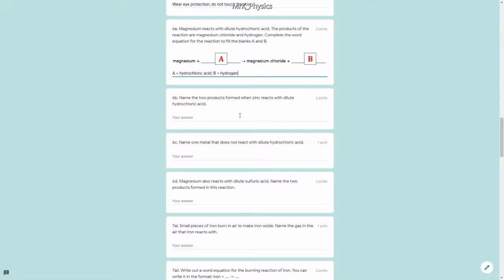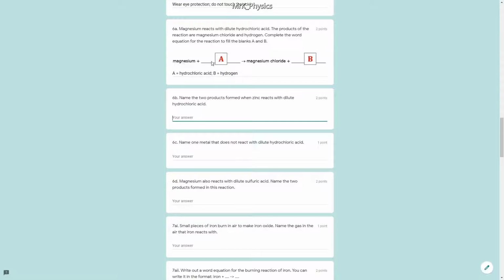Name two products formed when zinc reacts with dilute hydrochloric acid. And essentially what we're looking at here is, if we just take, for example, the answers to the previous question, where we've got magnesium chloride and hydrogen, we can apply that here where instead of magnesium, we've got zinc, but we've still got hydrochloric acid.